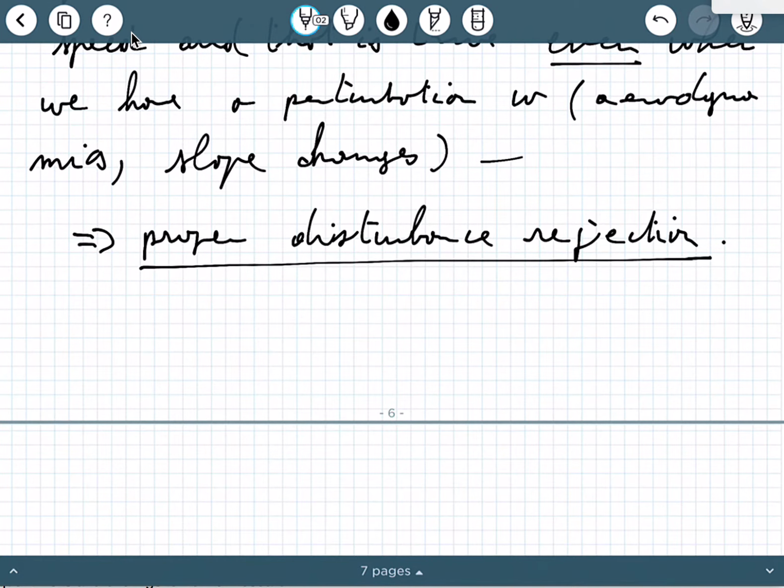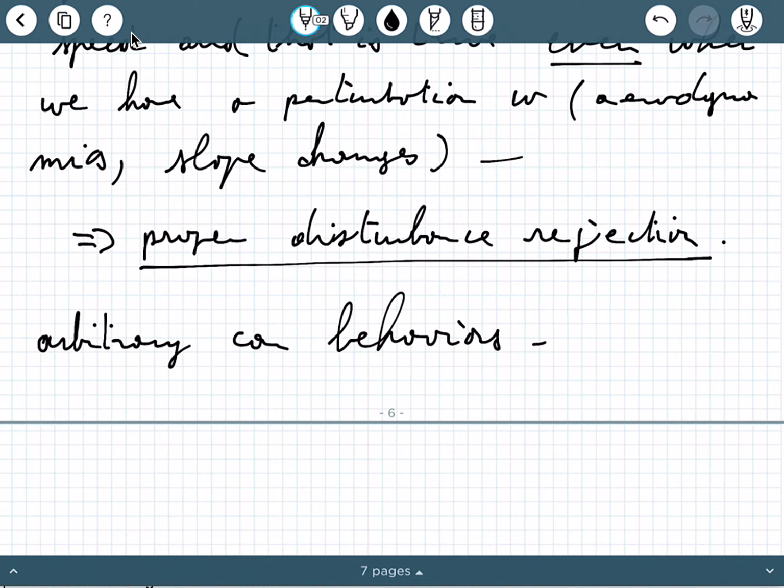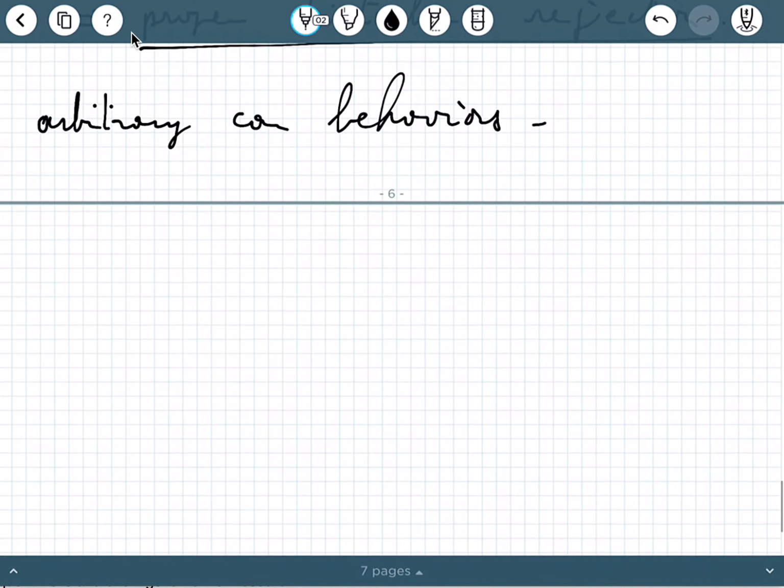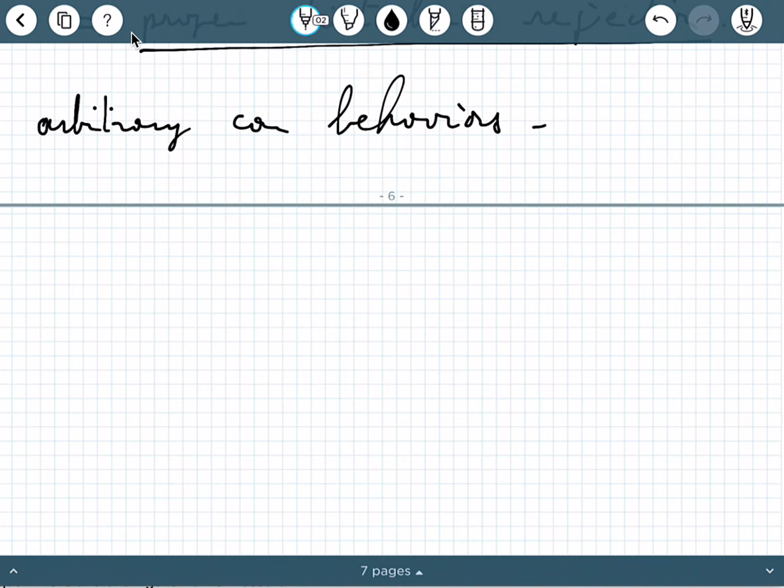Now let's look at some simpler case. So far we have used arbitrary car behaviors. Sometimes we can use simpler things. For example, what if the nominal relationship between the throttle and the car speed were simply speed is equal to a coefficient k, small k, times the throttle.